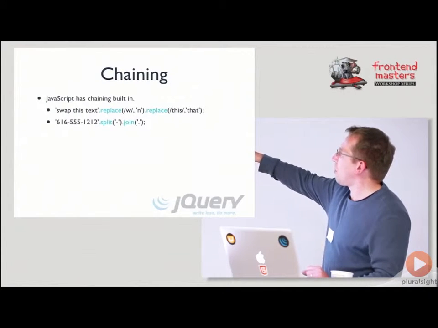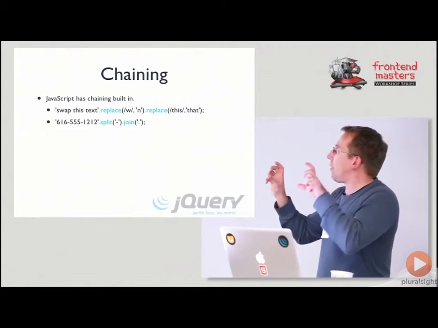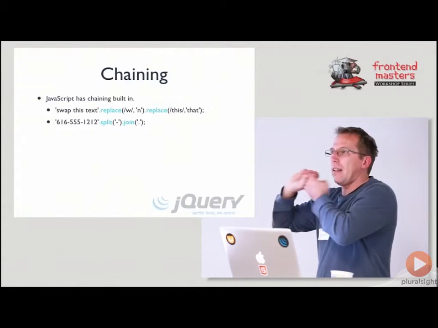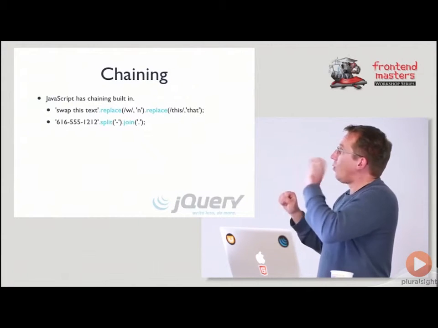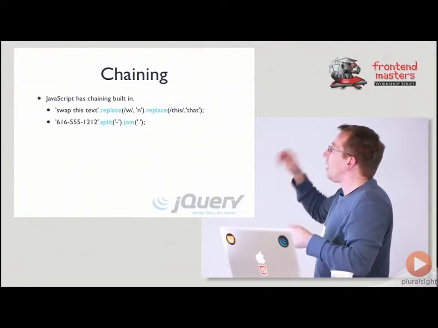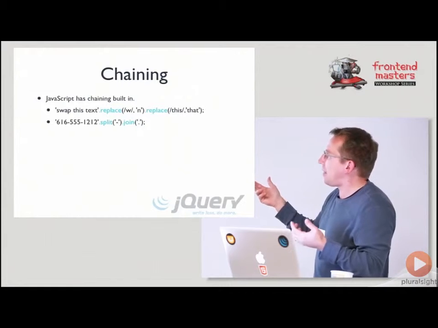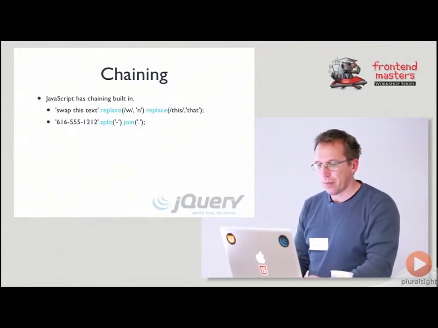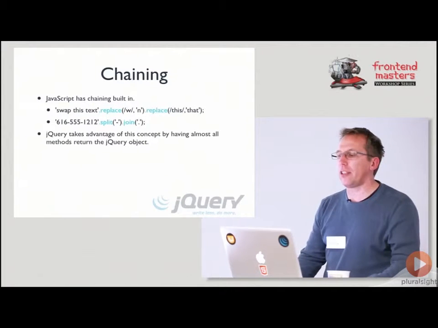And the second one, we're splitting that string into an array. And so it'll give us how many elements in the array? 3. So it's broken up by those hyphens. And then we're going to join them with dots. So it'll be 616.555.1212. Okay.